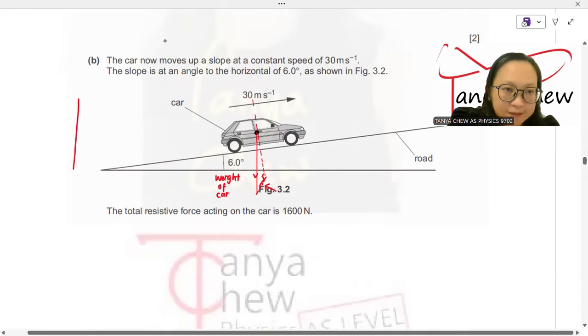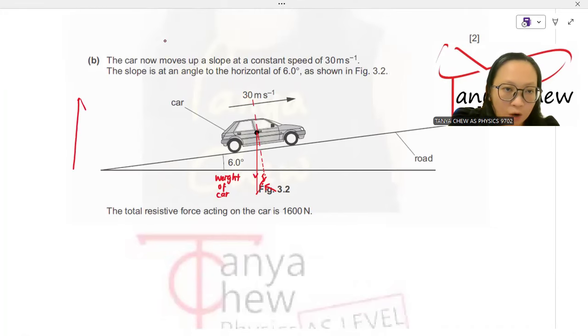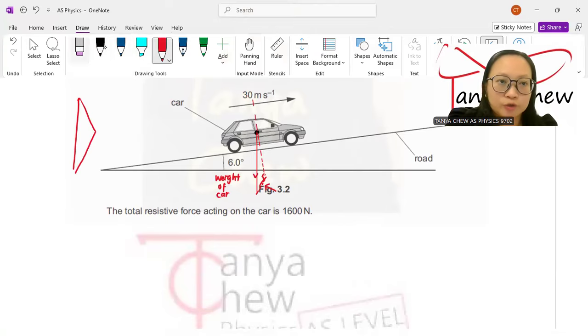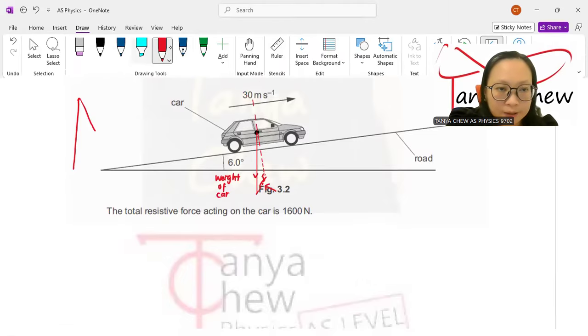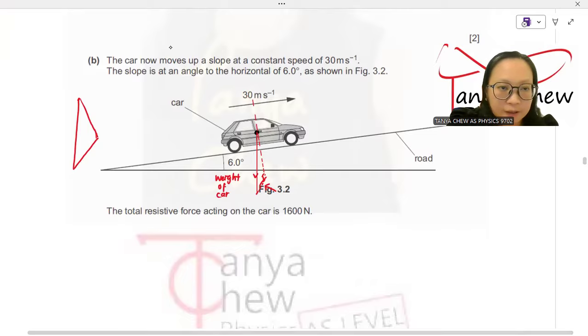This is where the weight is acting, the center of gravity of the car, and this is the incline where the car is moving up.